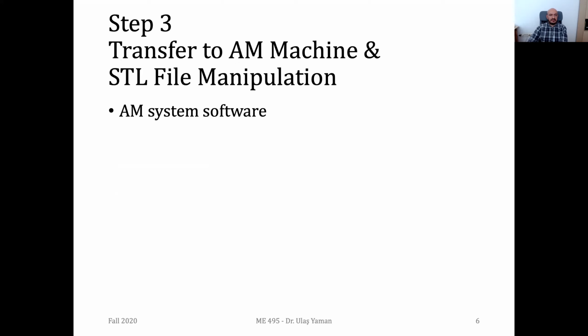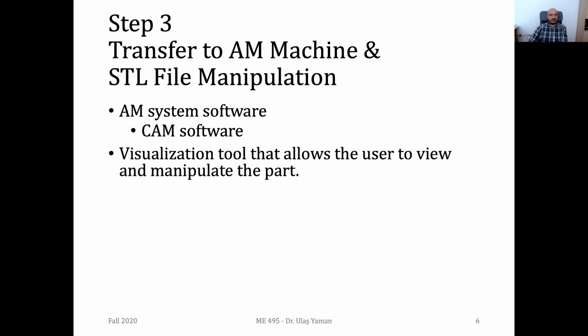So then what we do, this third step is not that complicated. Once you have the STL file, a proper STL file, a watertight STL model, then we simply transfer it to the AM machine, or we can say that we are transferring it to the CAD software of the AM machine. And then, as I have shown you while discussing the basics of Cura, we do some scaling, for instance.